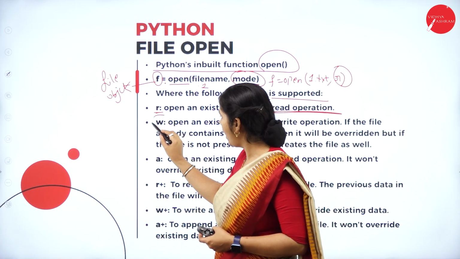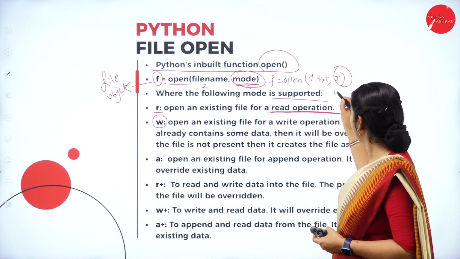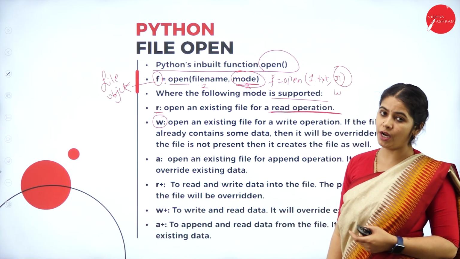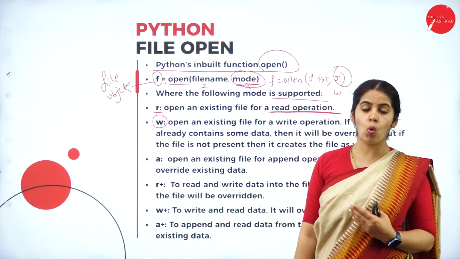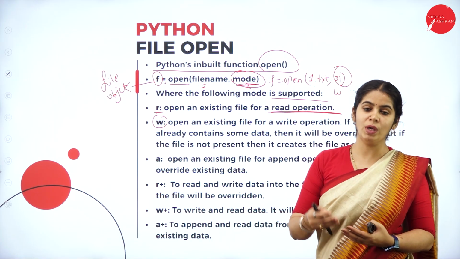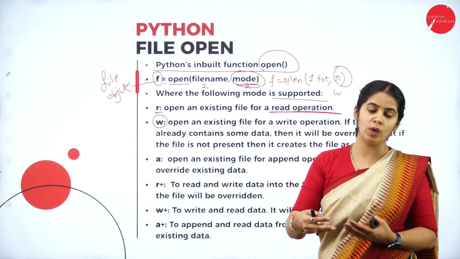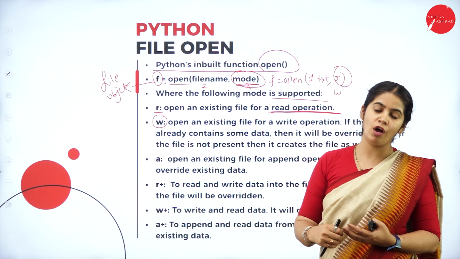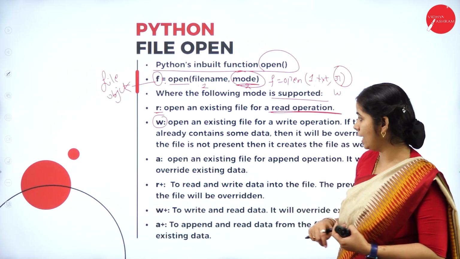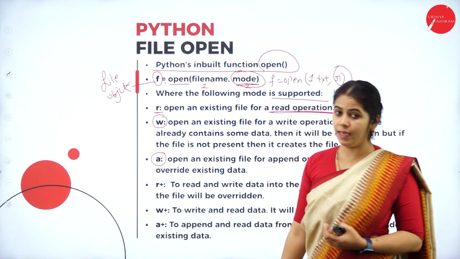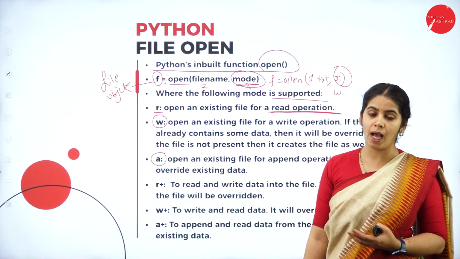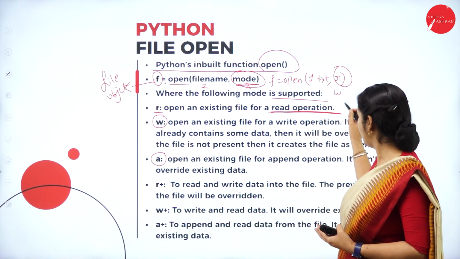In place of R, if I write W, it represents that the file 1.txt is open for writing. We can change and update the data of the file. Then A stands for append. Append means adding to the existing content.